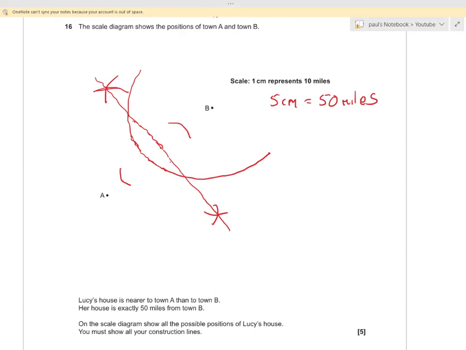So anywhere along this line, anywhere along that line, there, the house, anywhere along that line.